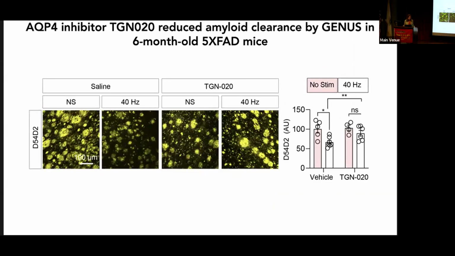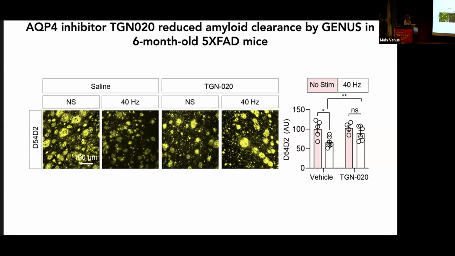The whole point of this experiment is to see whether this process is important for amyloid clearance. So we look at prefrontal cortical amyloid plaques 1 hour after stimulation, in animals treated with saline or TGN-020, which is an aquaporin-4 inhibitor to block lymphatic clearance.